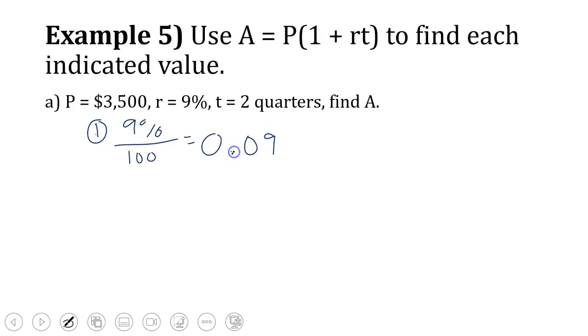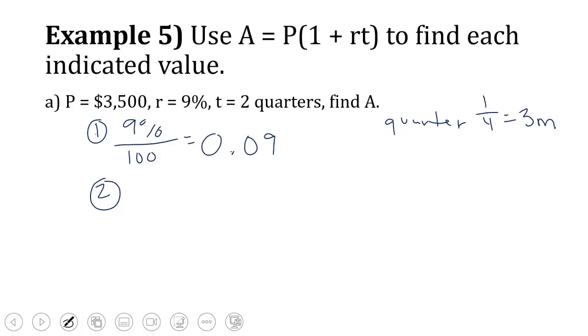And then before you plug it in, look at the time. Is the time in years? No, it's in quarters. So for this problem, when they have quarters, 4 quarters are in a year. So 1 quarter equals 3 months.